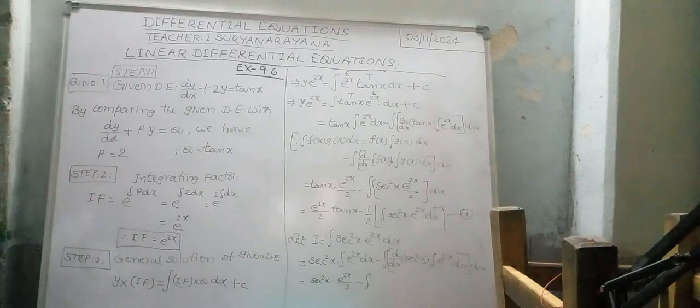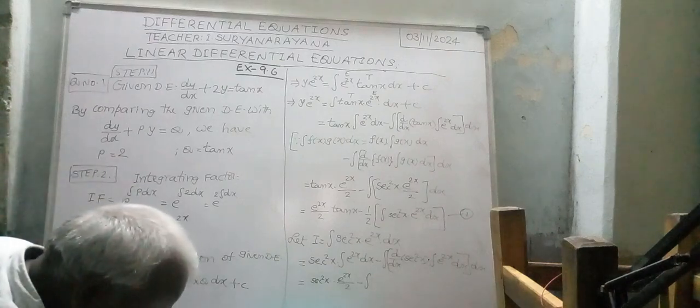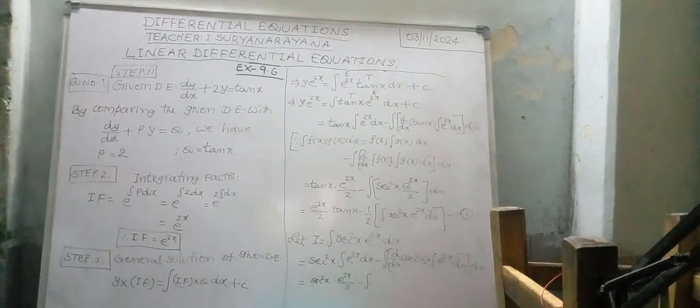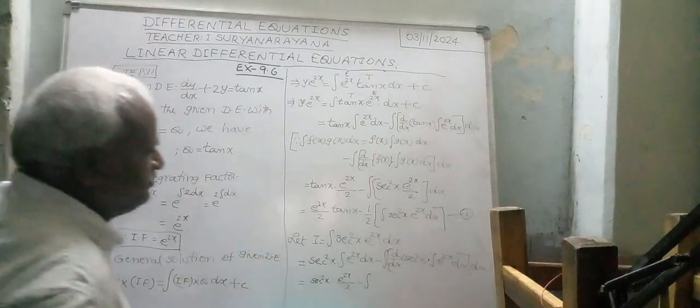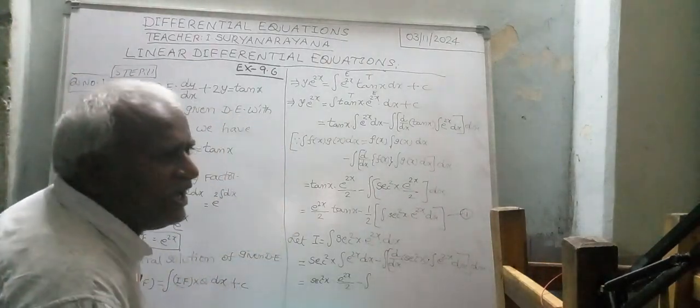What will you get? D by dx of secant square x is 2 secant x into tan x.